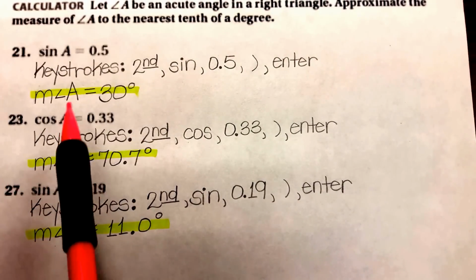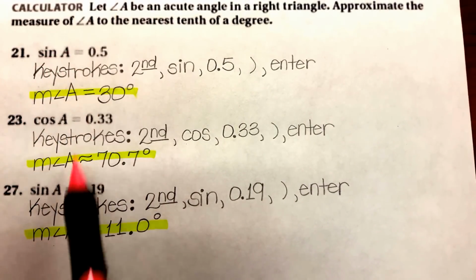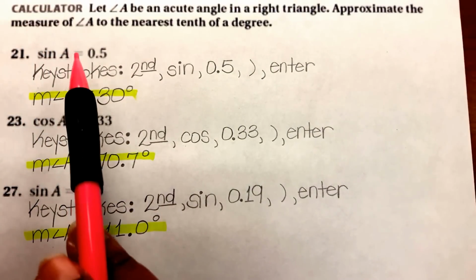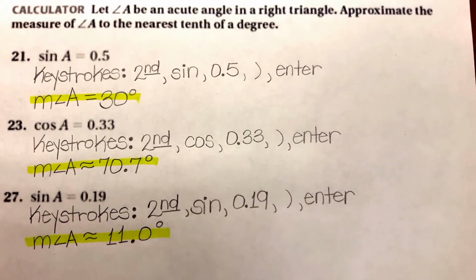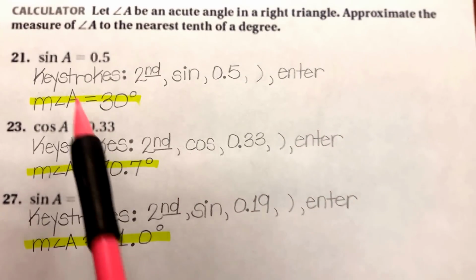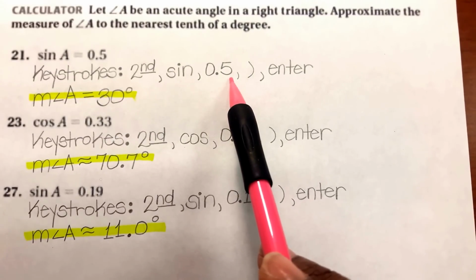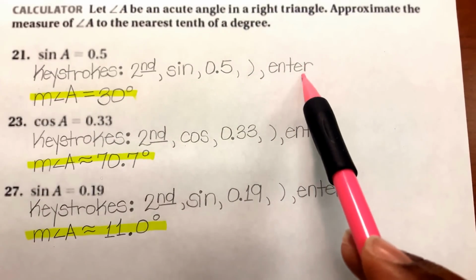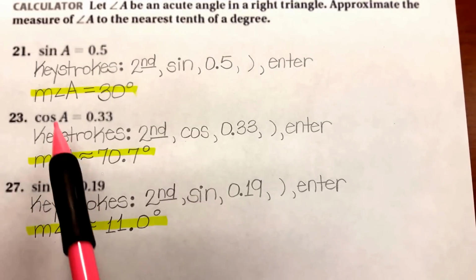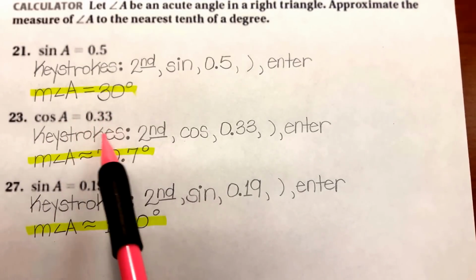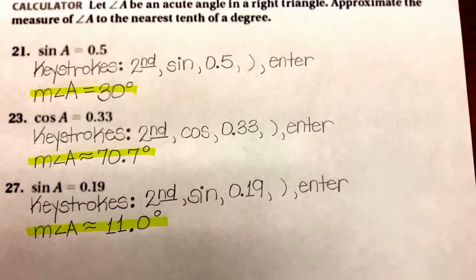All right. Looking at 21, it says sine A equals 0.5. So if I'm looking for the measure of angle A, I have to hit that second button on my calculator. So my keystroke is second sine, type in the 0.5, close parentheses, enter, and I have 30 degrees. On 23, I have cosine A equals 0.33. So I want to find out what angle A is.